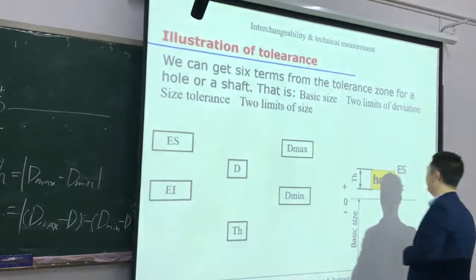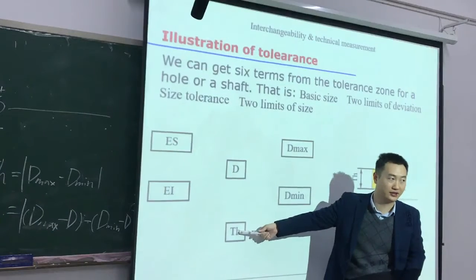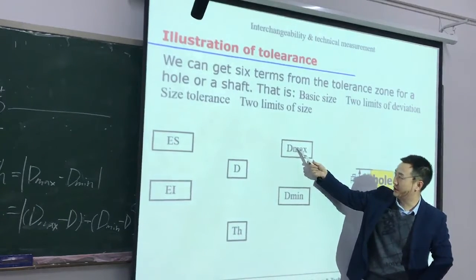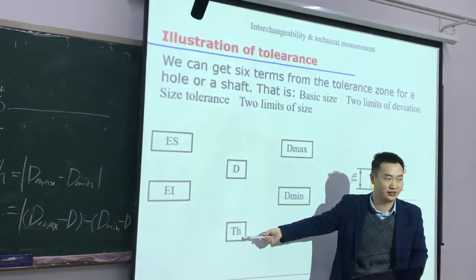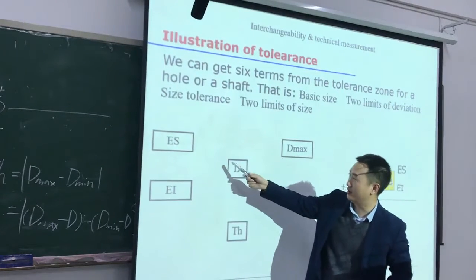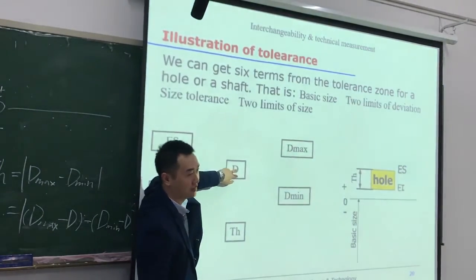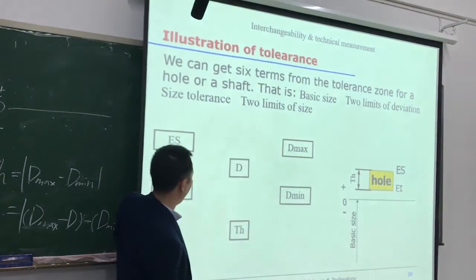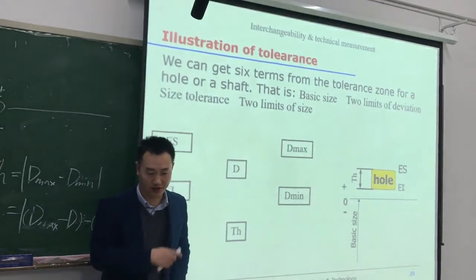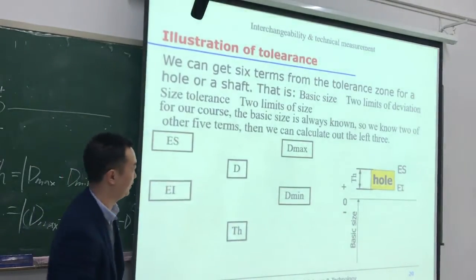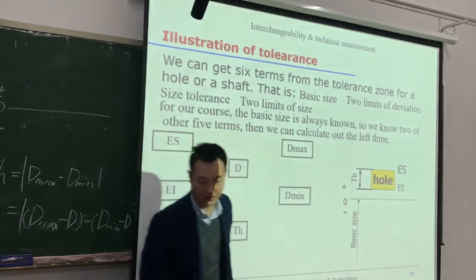For example, ES minus EI, we get the TH, right? And the maximum limit minus the minimum limit, we also get the TH. And how do we get the ES? The ES is equal to D max minus D, and EI equals D min minus D, right? Their relationship can be illustrated by this figure.